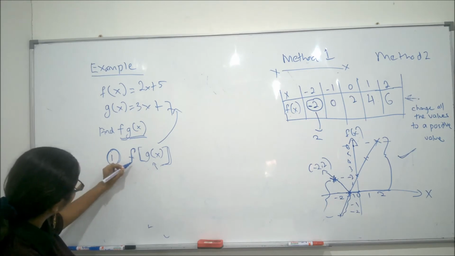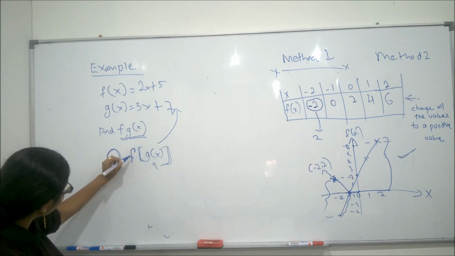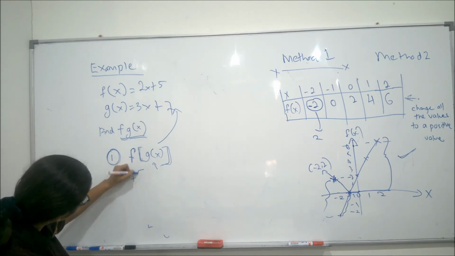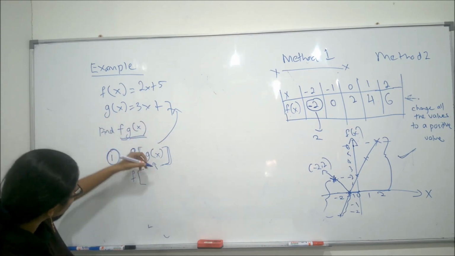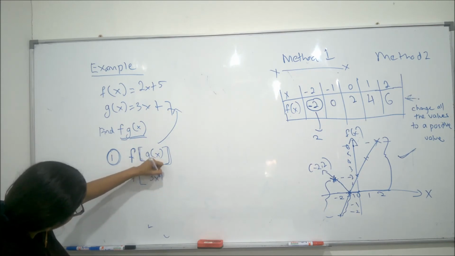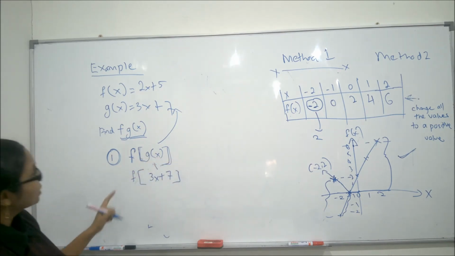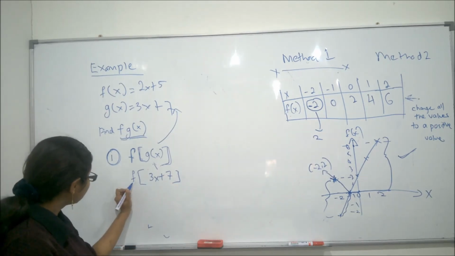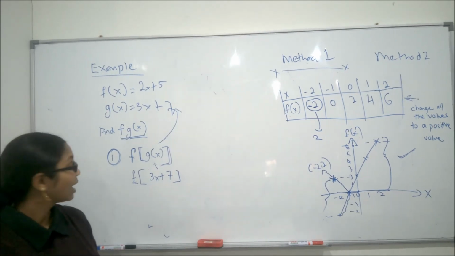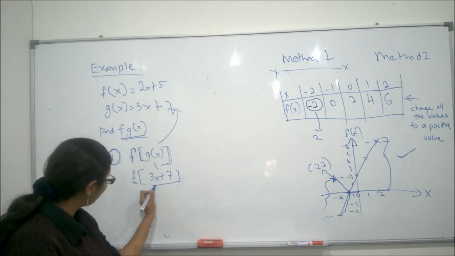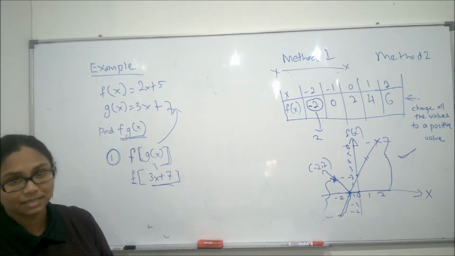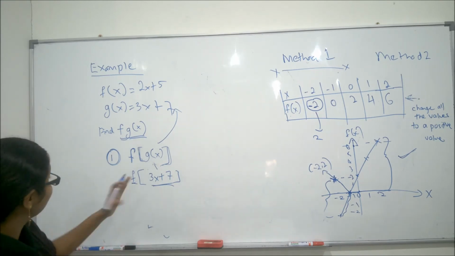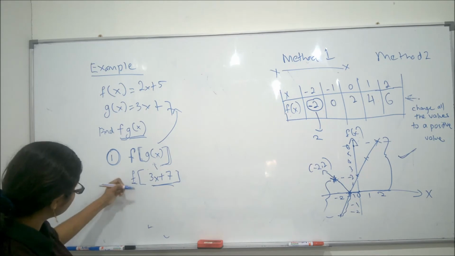So now, according to the square bracket, f[gx] is, just rewrite this back again. Does this notation make sense to you right now? The function of f has an x value of 3x plus 7.